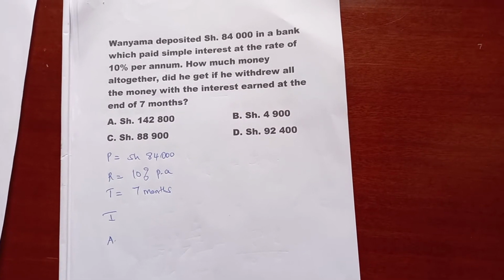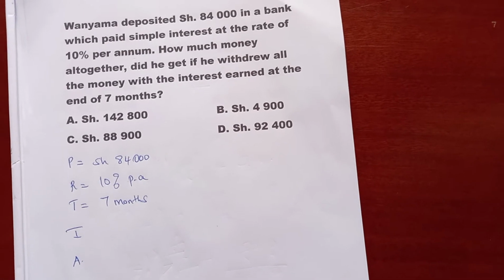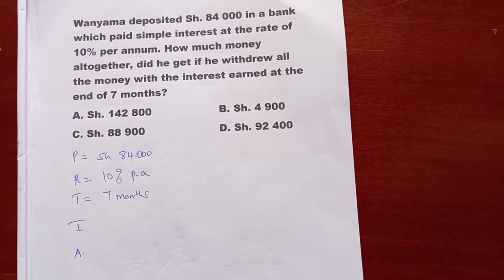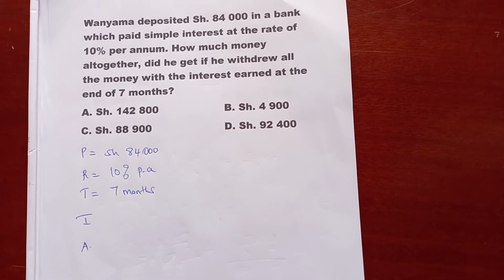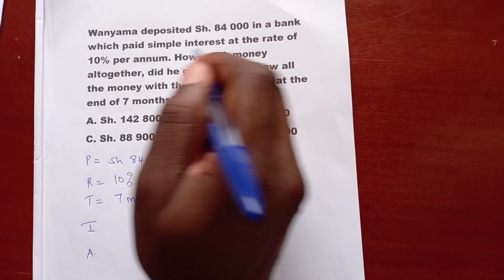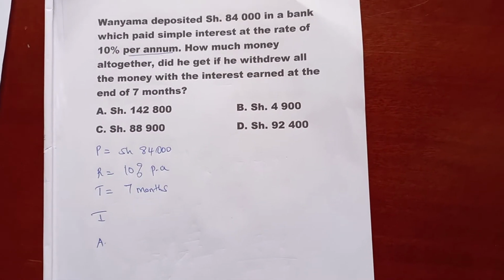How much money altogether did he get if he withdrew all the money with the interest earned at the end of 7 months?